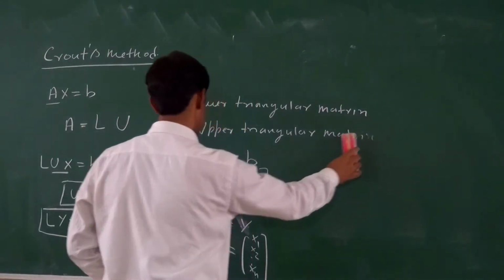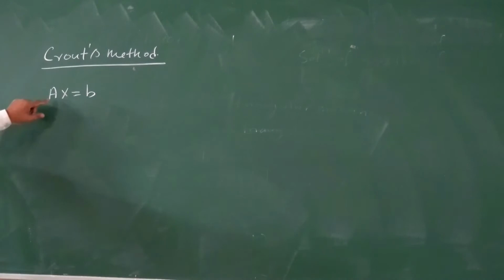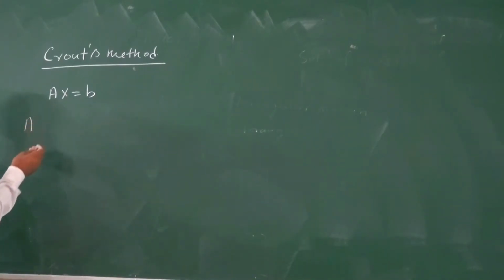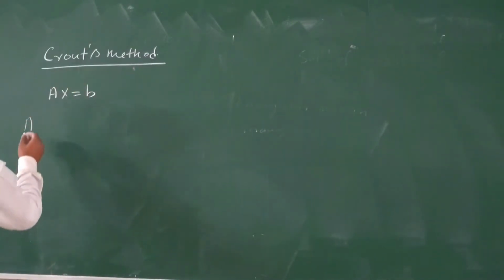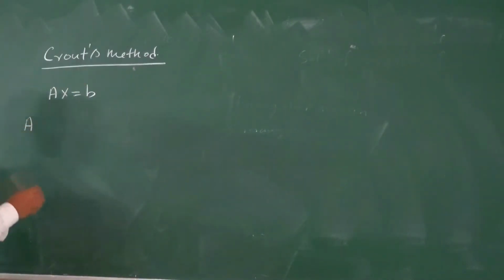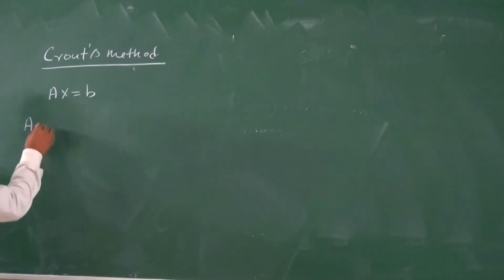So how do we generalize this? Suppose in matrix form the equation is Ax equal b. Now what is the value of A? For the sake of simplicity here we consider only a 3 cross 3 matrix.